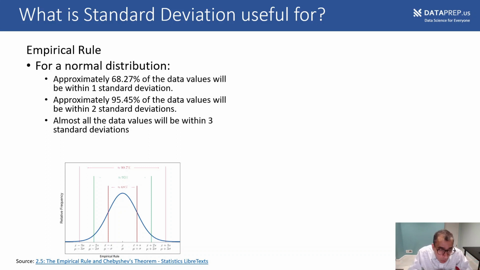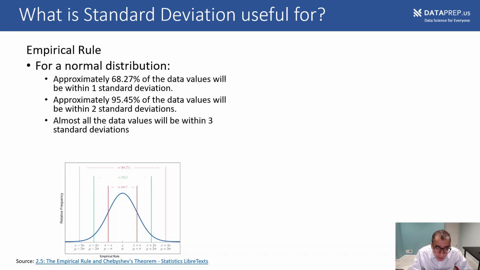And almost all the data values will lie within plus or minus 3 standard deviations of your mean. Now, this is based upon the assumption that your data is normally distributed. That is a very strong assumption, and that may not always be true.